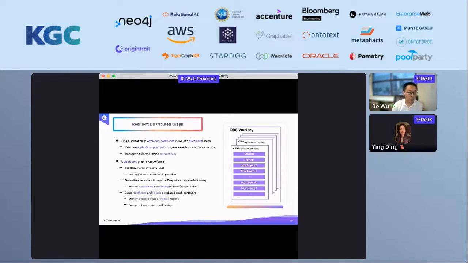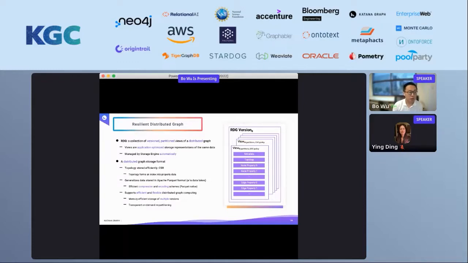Our RDG format is essentially a collection of versioned partitioned views of a distributed graph. It's important that the views are optimized for target applications and the graphs, and they can be managed automatically.